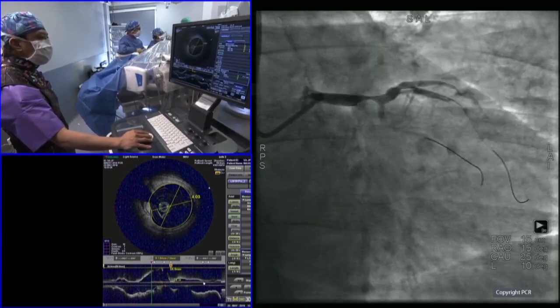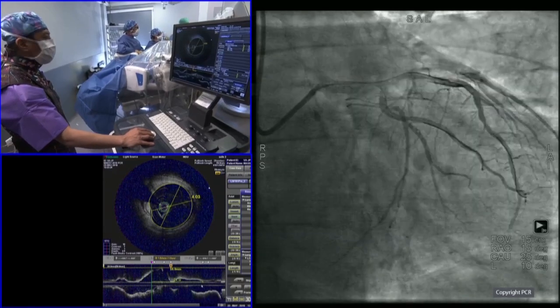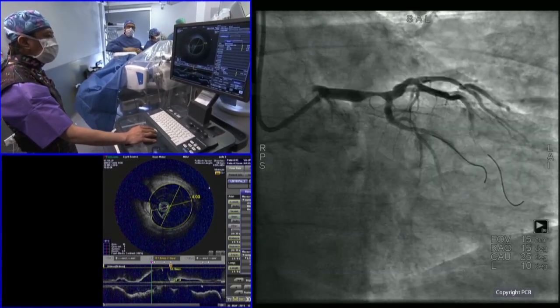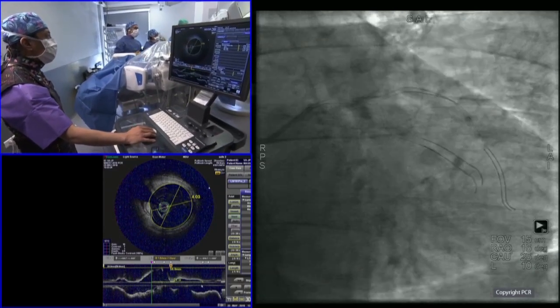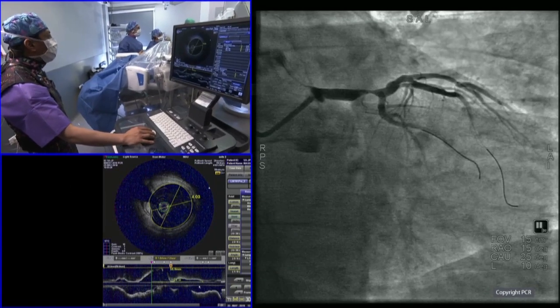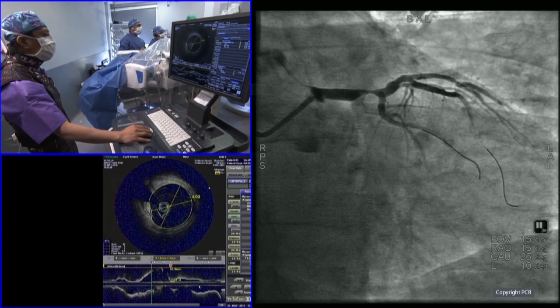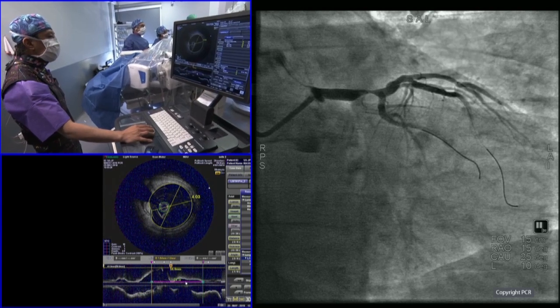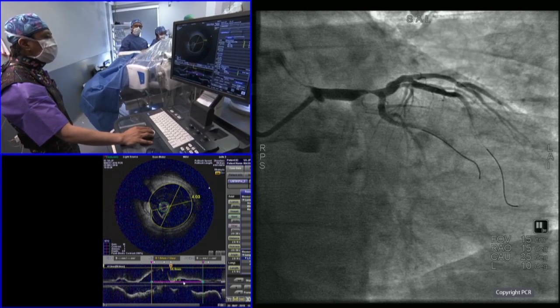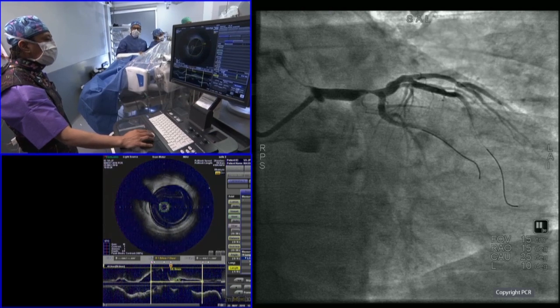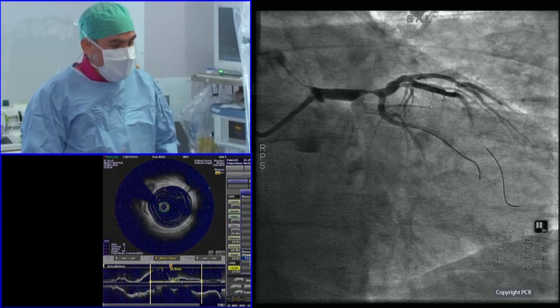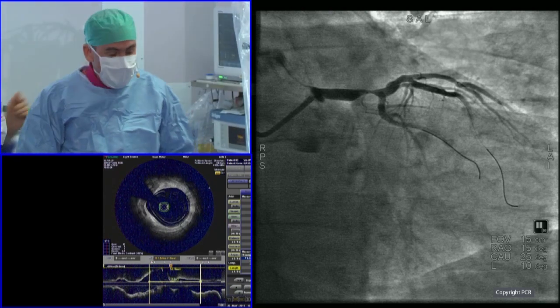So, Thomas, what do you plan to do now? So, as we just discussed, we have no landing zone, and even if we add 1 or 2 millimeters landing zone, I would consider it tricky, because having a landing zone of 1-2 millimeters is one thing, but to put the stent at this exact place is quite another.